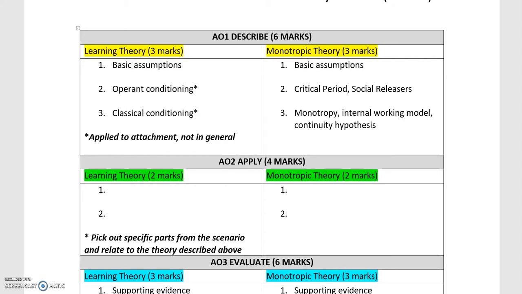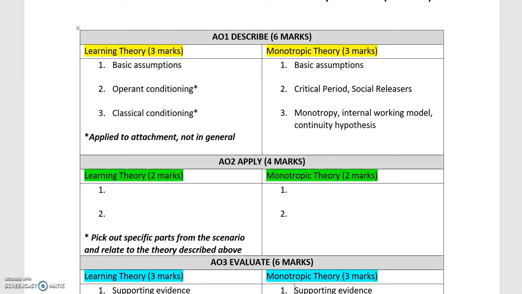In terms of organisation and writing your essay, it's completely okay to do it one of 2 ways. You can go through all of those AO1, 2 and 3 for one theory. So you can do the learning theory description, then the learning theory application, and then the evaluation, followed by all of that for monotropic theory. Or you can go between the 2.